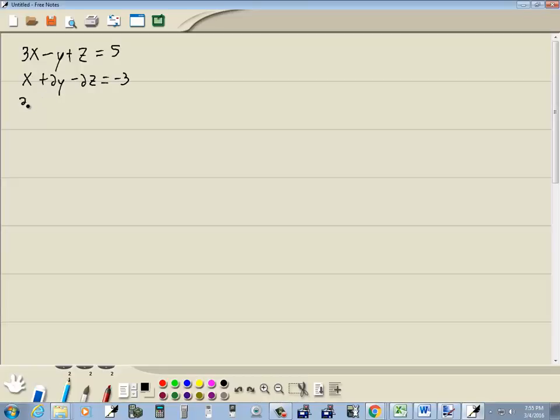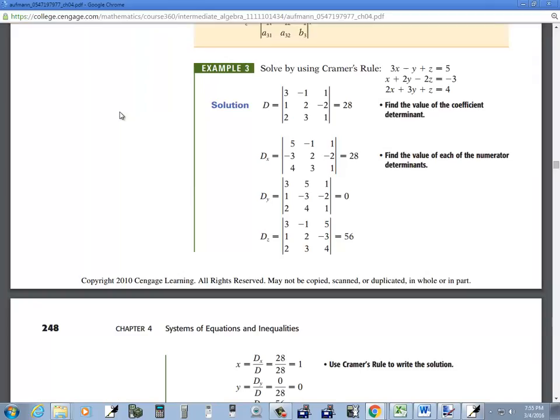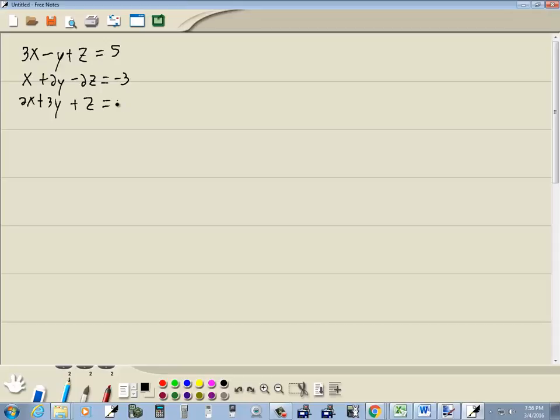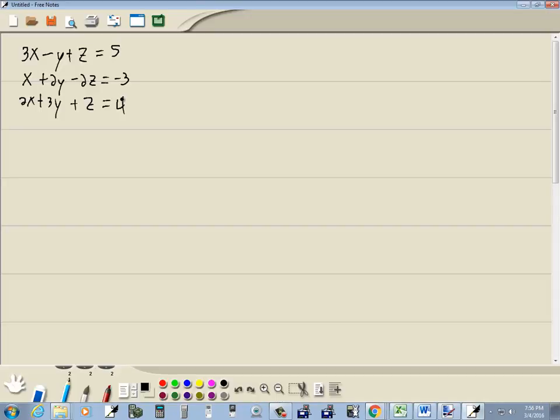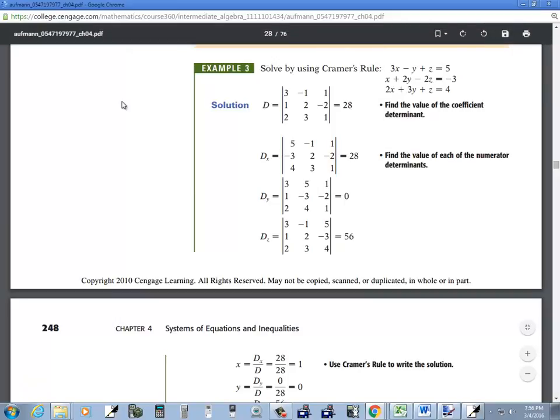You got 2x plus 3y plus z is equal to 4. Double check my numbers. Negative 1, 2, 3, 3, 1, 2.